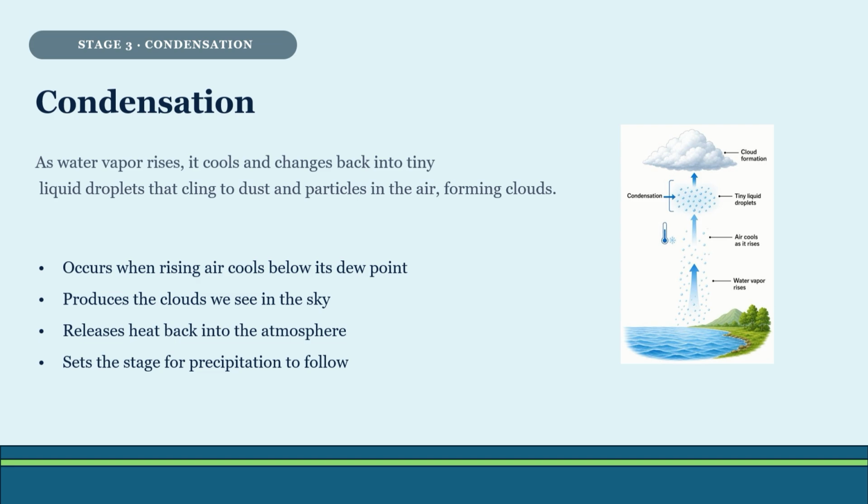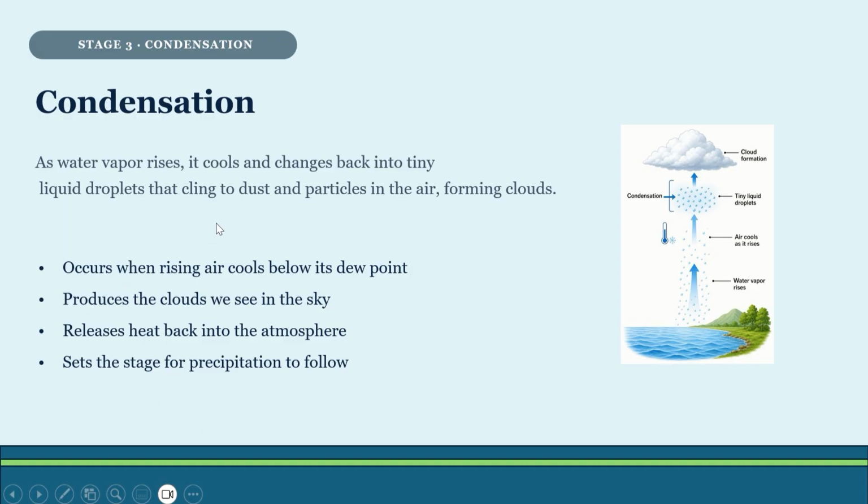The vapor rises and it cools and changes back into tiny liquid droplets. Below there you will see the 4 points that I have listed for condensation. It occurs when rising air cools below its dew point and also produces the clouds we see in the sky. So those clouds that we see in the sky are a condensed form. The third point is that it releases heat back into the atmosphere.